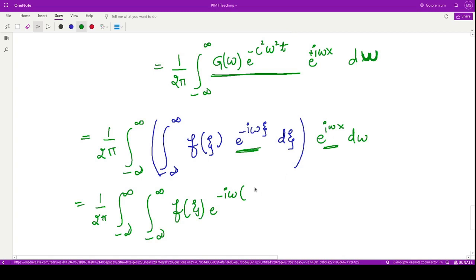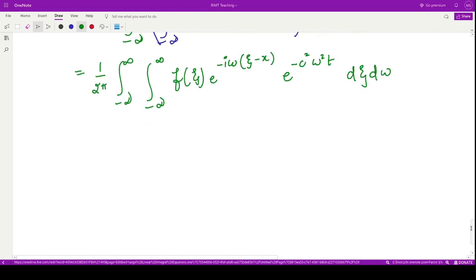Clubbing these two terms, I have (zeta minus x) into e to the power. Also we had this term, right? I skipped that here. So it would be e to the power minus c squared omega squared t d zeta d omega, right?